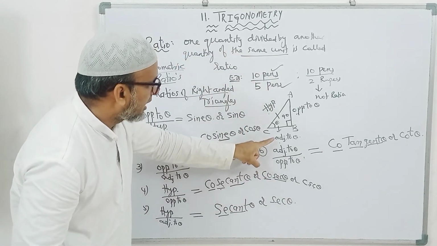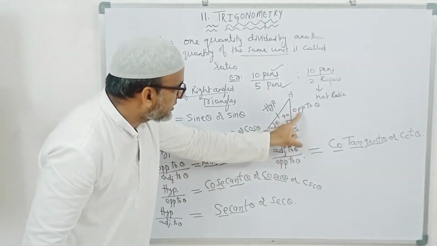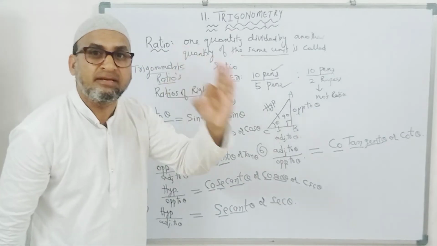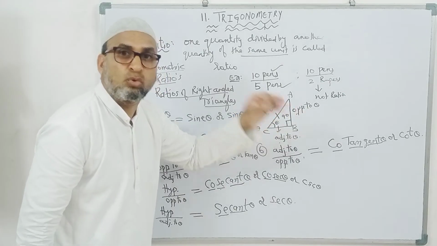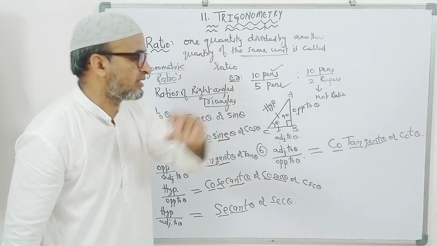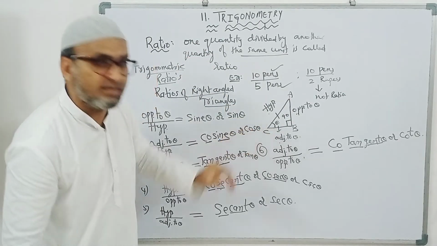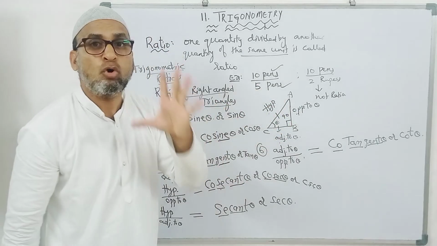Adjacent by hypotenuse, cos theta. Opposite by adjacent, tan theta. Again reverse, reciprocal. Hypotenuse by opposite, cosecant or cosec theta. Hypotenuse by adjacent, sec theta. Adjacent by opposite, cot theta.